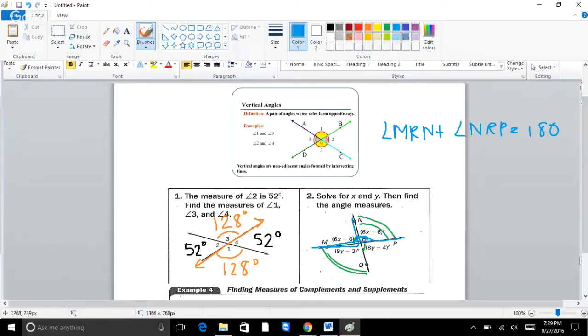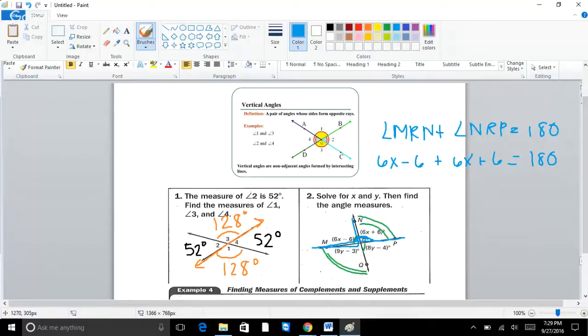Okay, and we know that MRN is 6x minus 6, and NRP is 6x plus 6, and those angles added together equal 180 degrees, right?